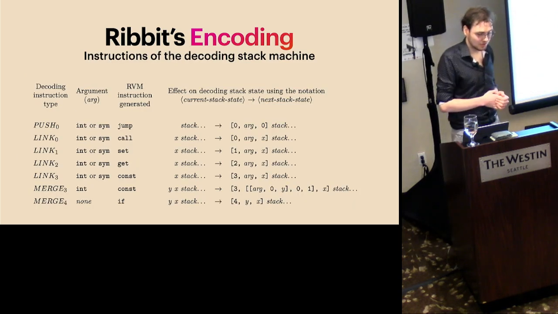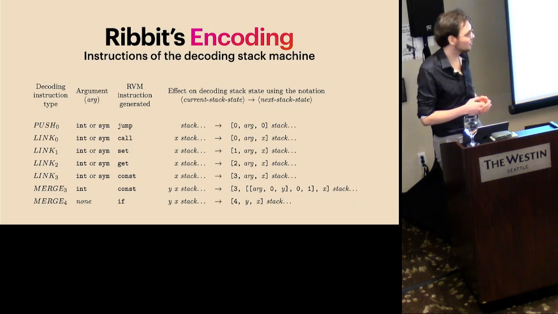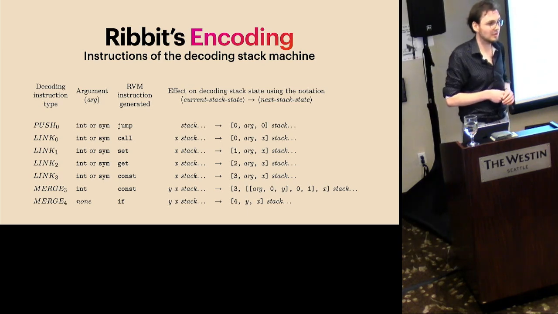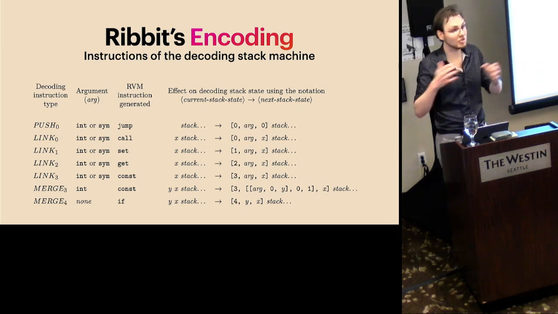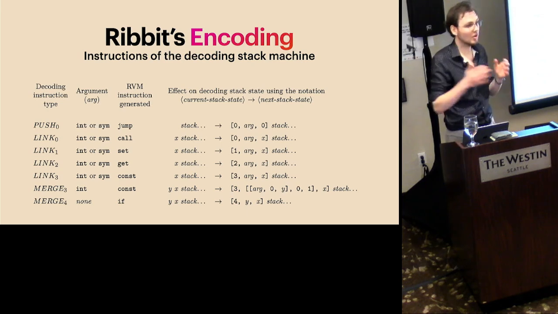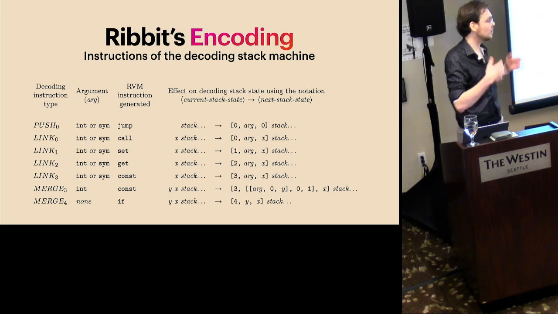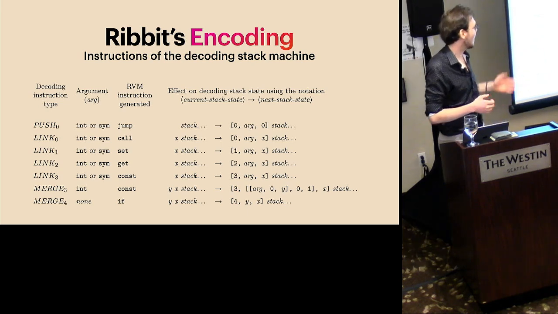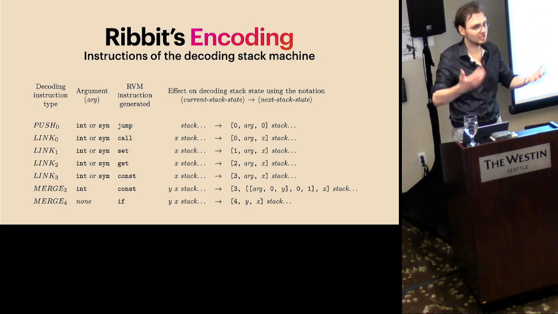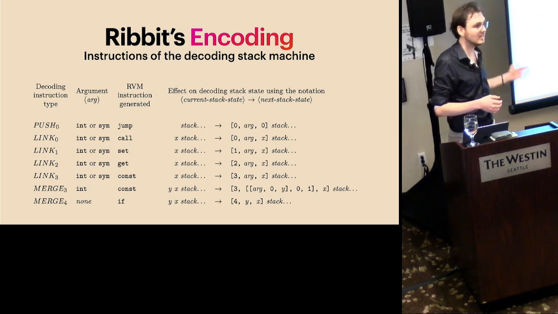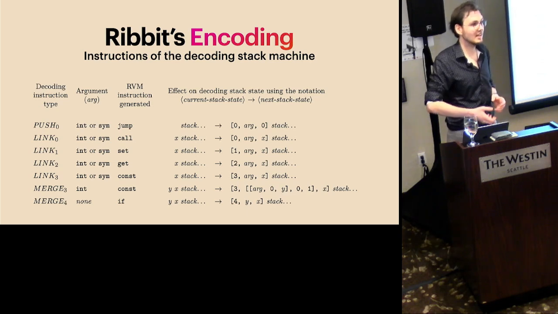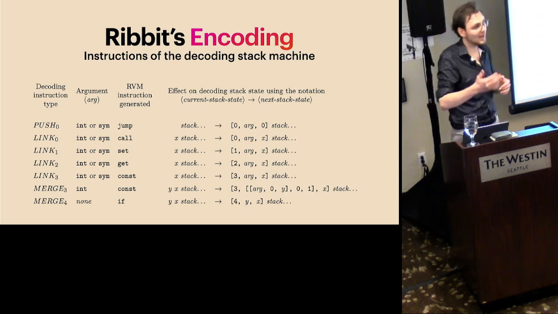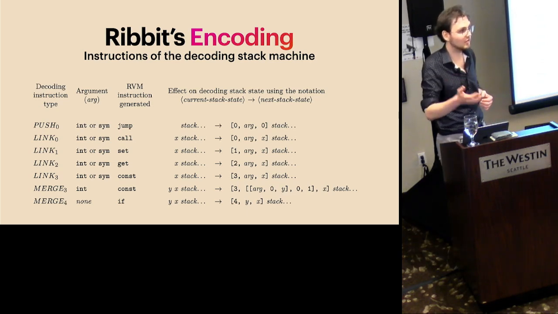Now we're going to go over the decoding instructions. To decode the ribbon, we use another stack machine that has its own instructions. These are pretty classic instructions. We have push, which just pushes a new value on the stack. We have link, which takes the top of the stack and links it to the third field of a rib.